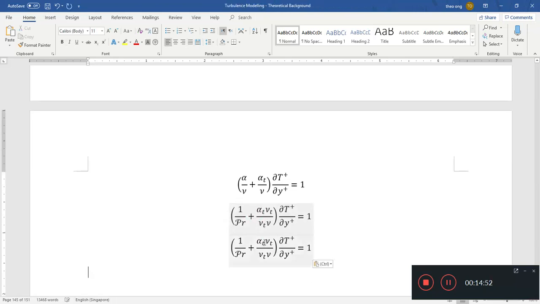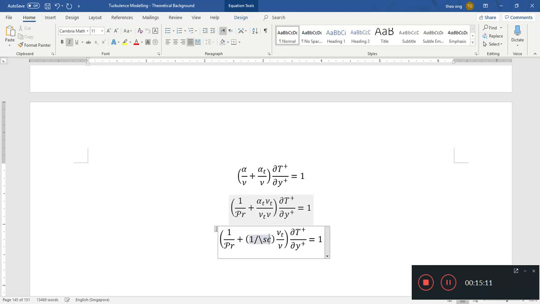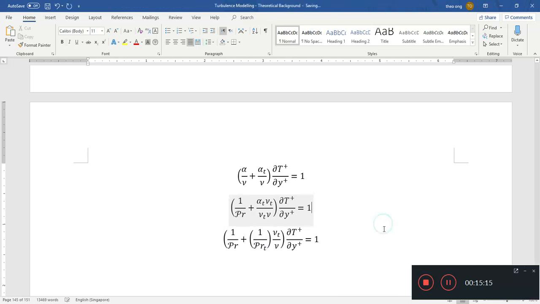Actually you don't need the 1 on top, so it's kind of redundant, but I can do it like that just to make it look nice. Script PRT. Alright, so that's how we get this so-called equation out here.